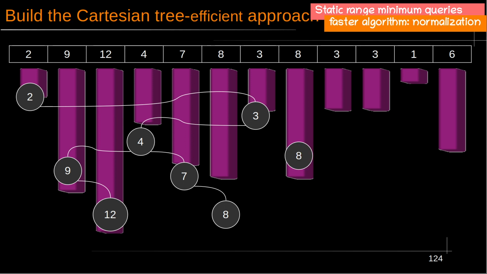We go to 8. 8 is greater than 3, so right side up to 3. For 3 now, 8 is greater than 3. Yes, so 8 will be the left subtree of 3. We go back to 3. Is 3 greater than 3? No. So we keep it like this for the left subtree of 3, and we will change it here because we have found a node on the right side, this subtree, that is lower than 3 but is not greater than this node.